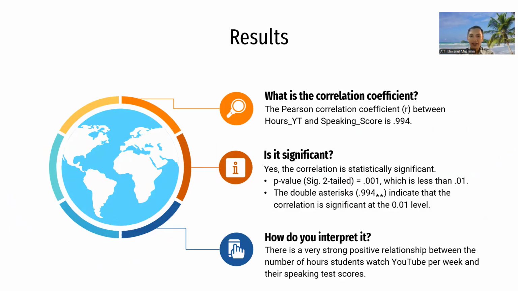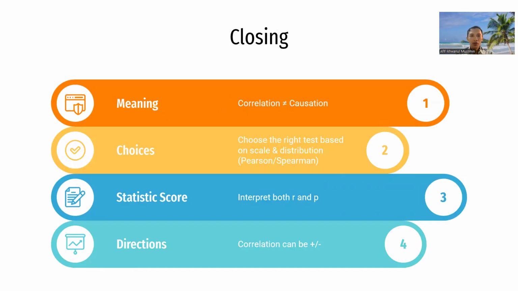In this case, the Pearson correlation coefficient R is 0.994, which shows that it is a very strong and positive correlation. And the significance two-tailed value is 0.001, which means that there is a correlation between two variables. So our conclusion is there is a very strong positive relationship between the number of hours our students watch YouTube per week and their speaking score.